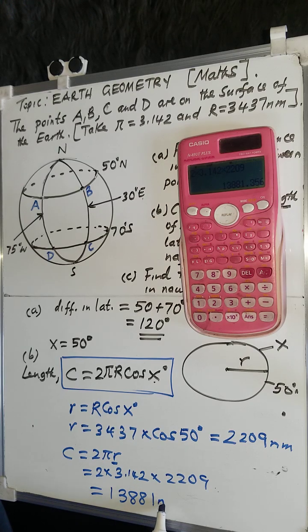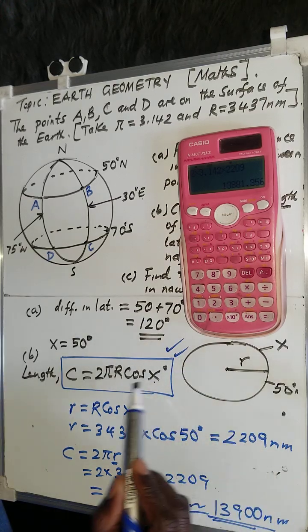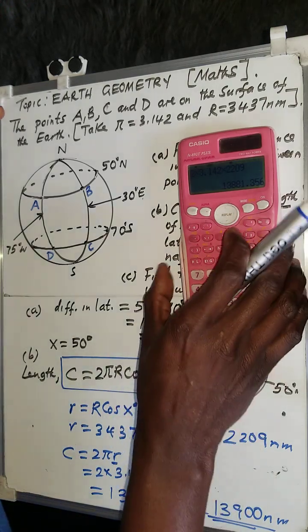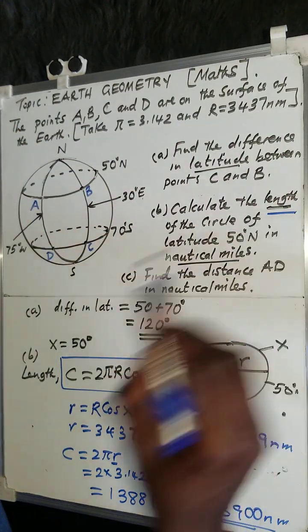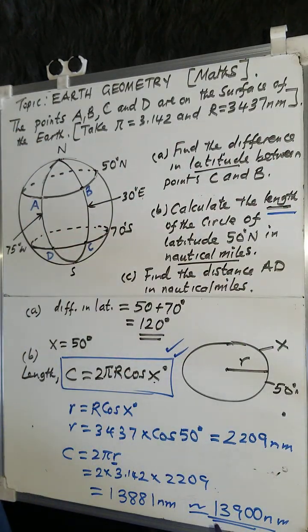That's to a whole number in nautical miles. Remember, if you round off this one to 3 significant figures, it will be 13900 in nautical miles. So it's the same. So just go direct by applying this formula if you want to find the length of any circle of latitude. So that's basically what we do.